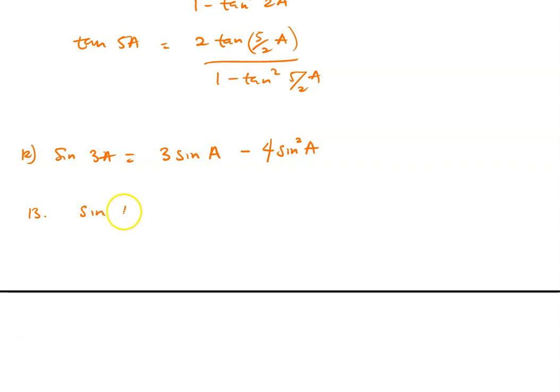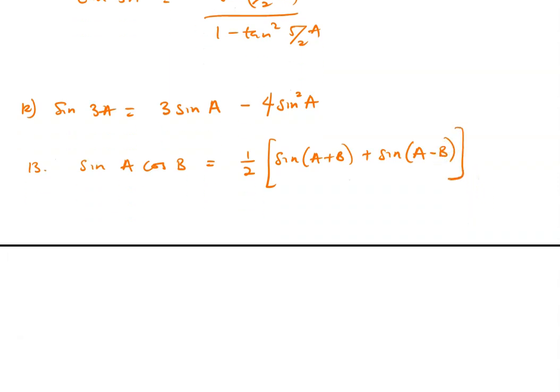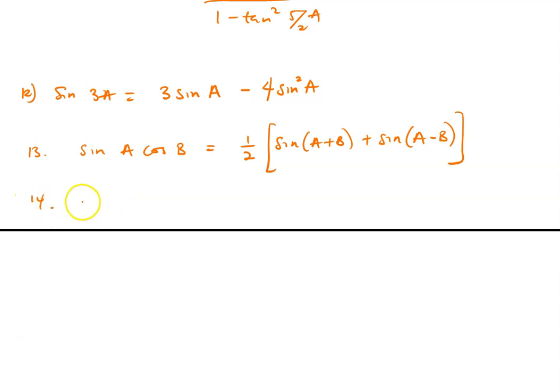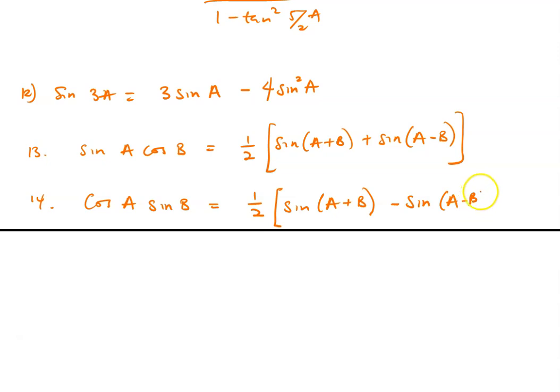If I have sine a cos b, it's simply going to be half into brackets sine a plus b plus sine a minus b. And 14: if I have cos a sine b, then it's going to be half multiplied by sine a plus b, minus sine a minus b.